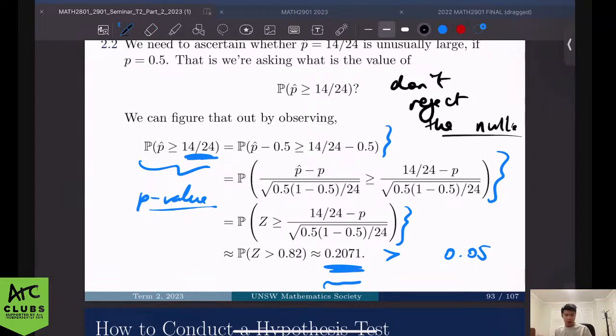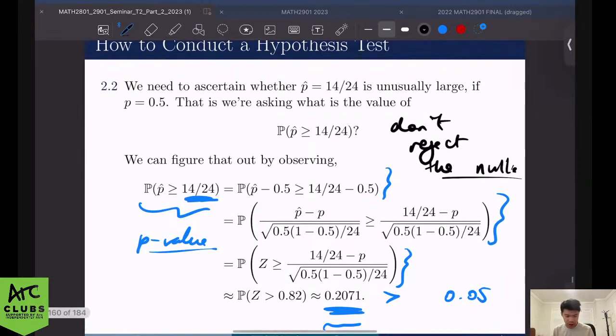Hopefully that makes sense. I'll check the chat just in case there's confusion. Yeah, so Huang asked a nice question: how do we know if it's too small or too big? The way we quantify that is precisely by using the p-value. The p-value quantifies how likely you are to get a number as big as this.